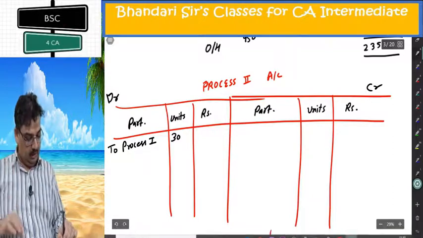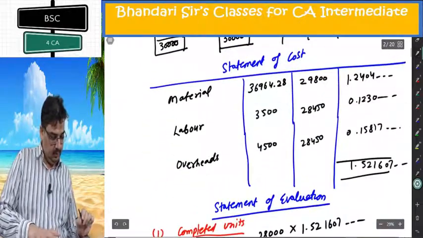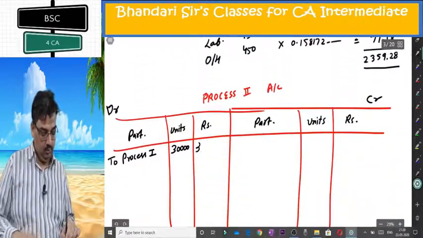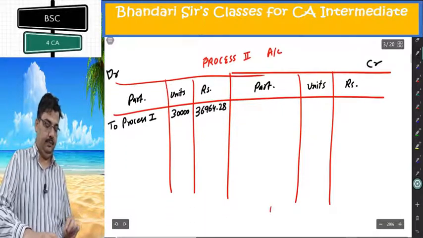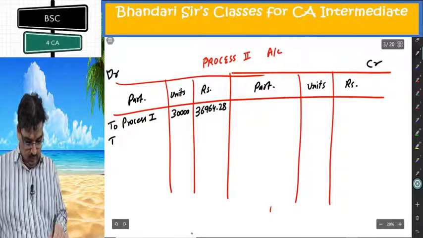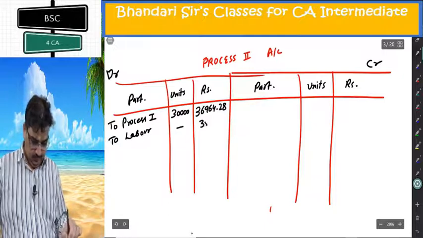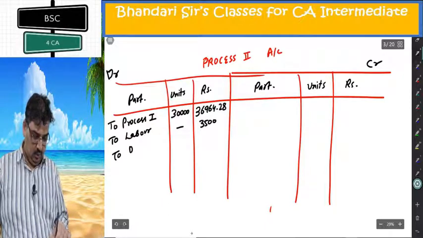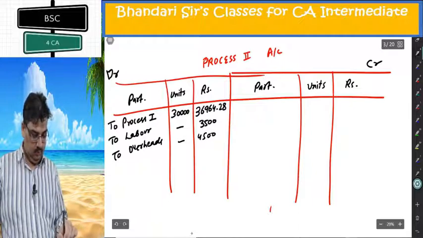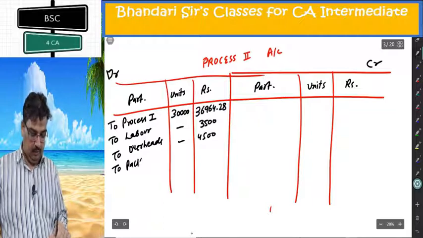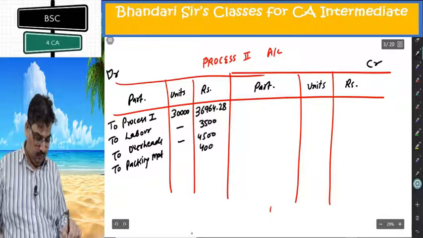From there we received 30,000 units and it had a cost of 36,964.28. To labor, 3,500. To overheads. To packing material. Must charge here because it is to be charged in the completed units, 4,000.